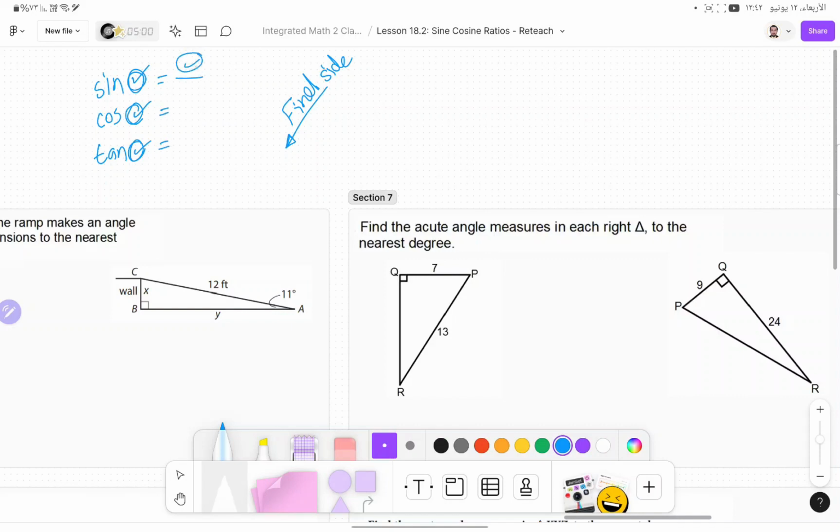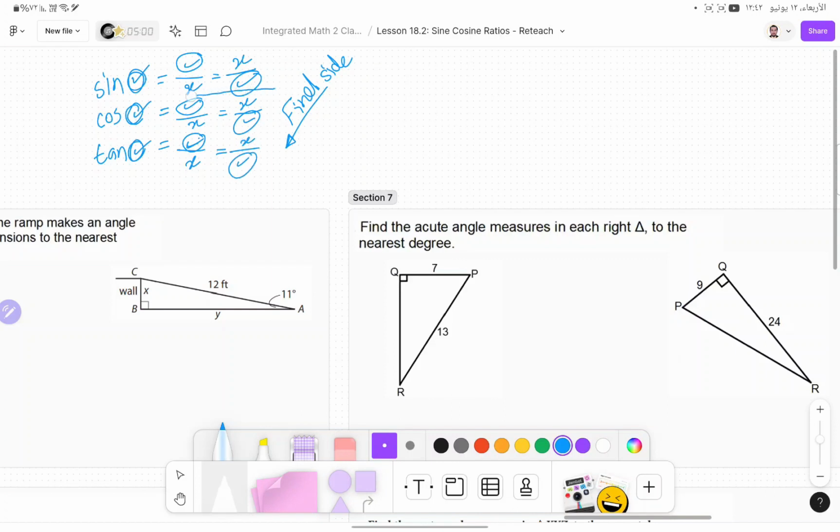One of them will be given and the other unknown. Same thing for the cosine, and same thing for the tangent, which we studied in 18.1.